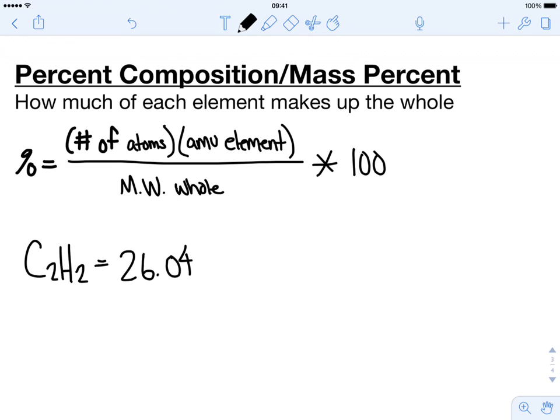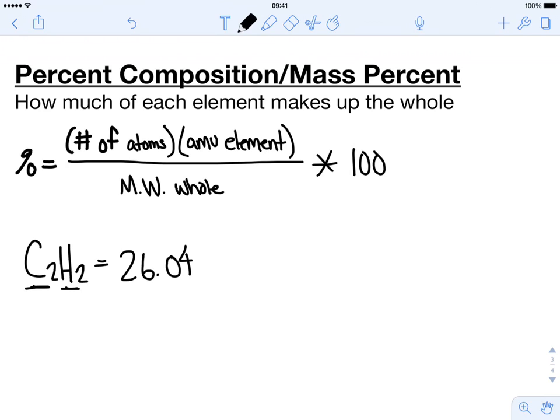So let's look at ethane again, our example from above, and we figured out that the molecular weight for ethane was 26.04. Okay, so that is the molecular weight of the entire molecule of ethane. So percent composition applies to each individual element in a molecule.